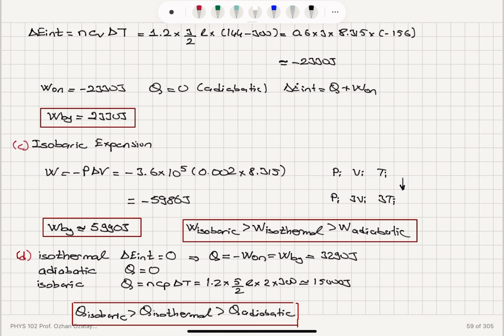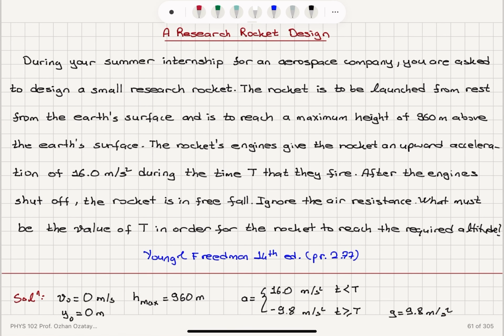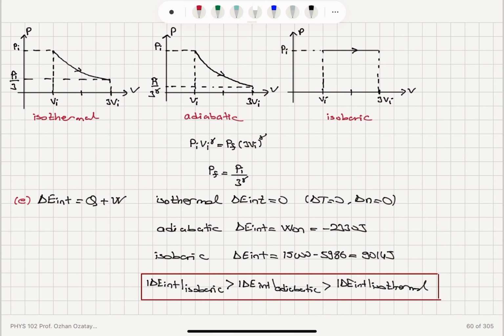Heat was calculated here. Work done on the gas was calculated here. So the total internal energy change for isobaric process is 9014 joules. So in absolute value, isobaric is greatest, isothermal is least, adiabatic is in between.